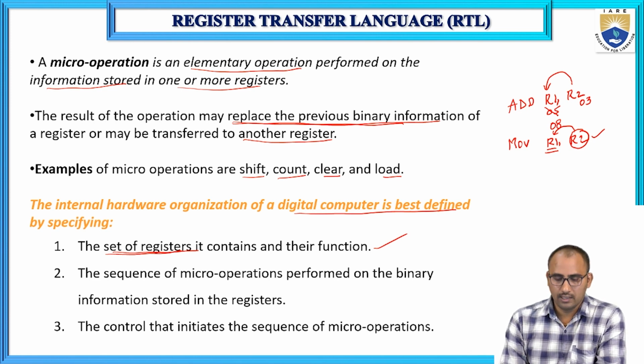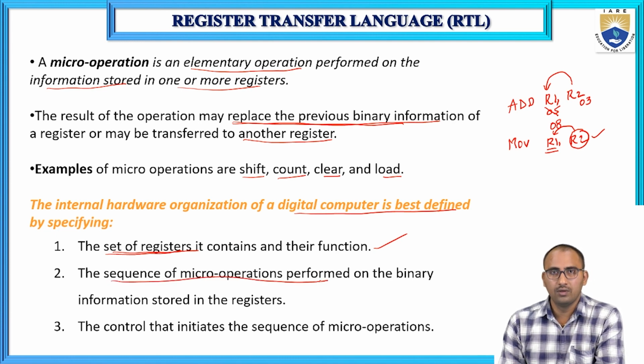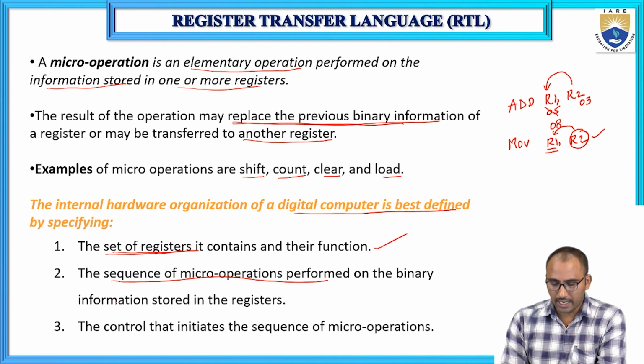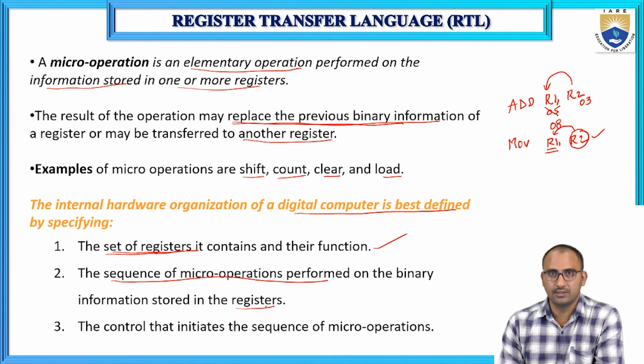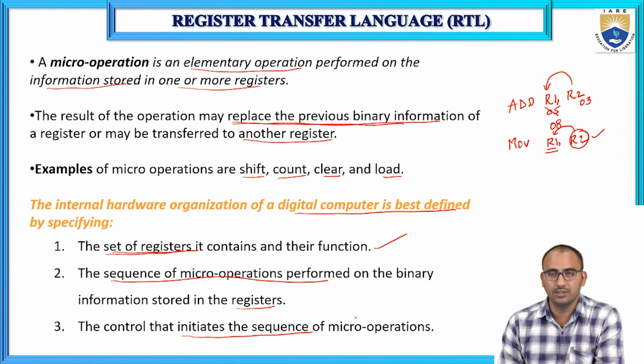The second one is the sequence of micro operations performed on binary information stored in registers. And the third one is the control that initiates the sequence of micro operations. These three parameters define the internal hardware organization of a digital computer.